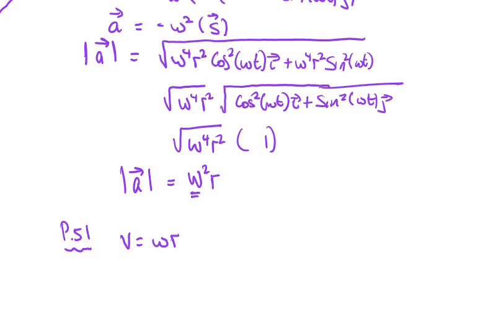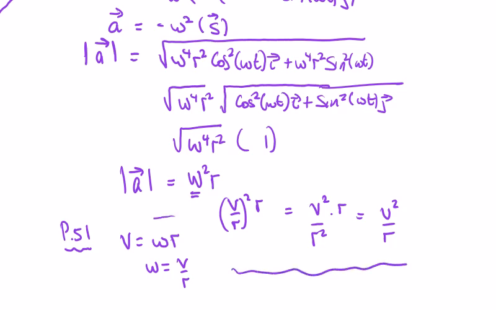So we want v in here, so I'm replacing w with v over r from this formula. So we're going to get v over r squared times r, which is equal to v squared times r over r squared, which is equal to v squared over r. That is the proof of centripetal acceleration.